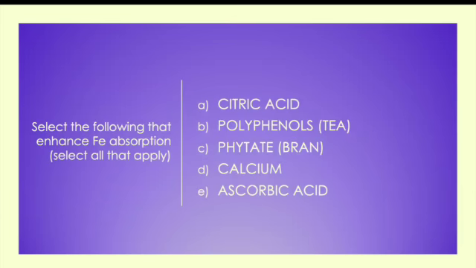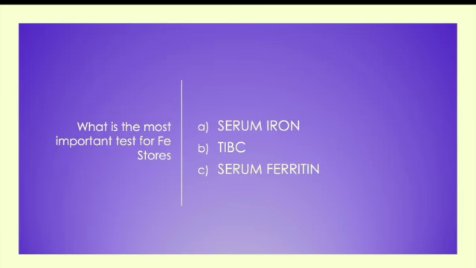Select the following that enhance iron absorption. So we know citric acid does, and ascorbic acid. So I would say A and E. Yep, E. There we go. What is the most important test for iron stores?